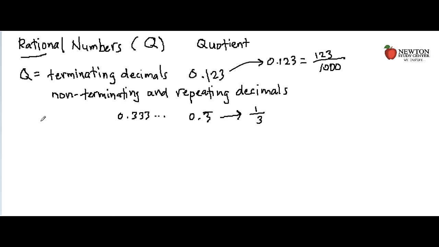So aside from these two, the terminating and non-terminating decimals, the other members of the rational number set are, of course, your fractions, and your integers.